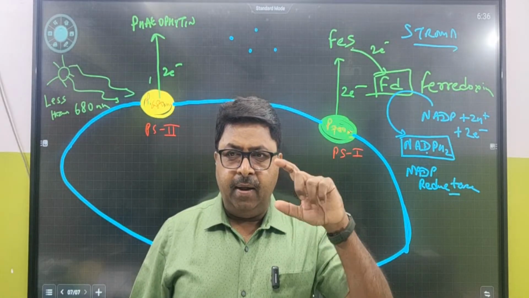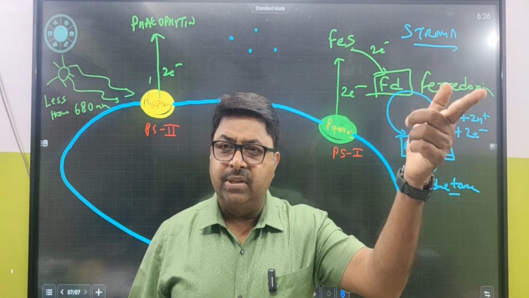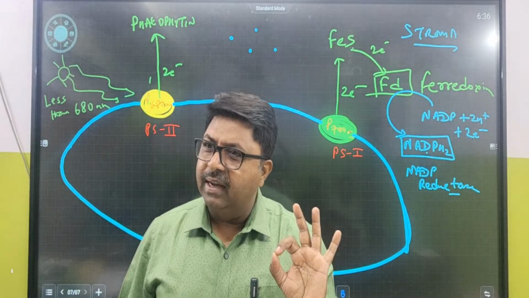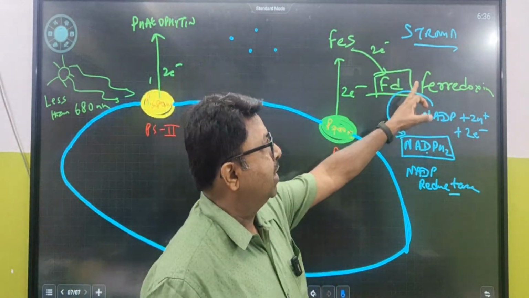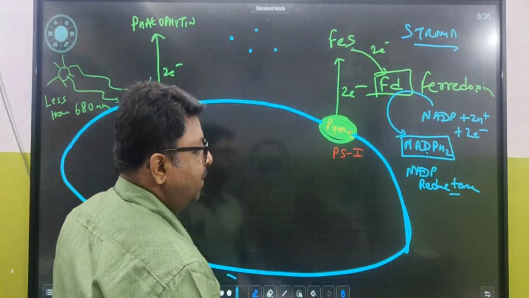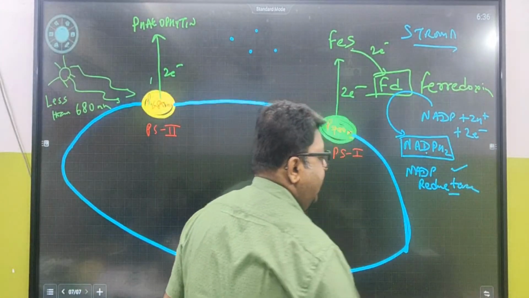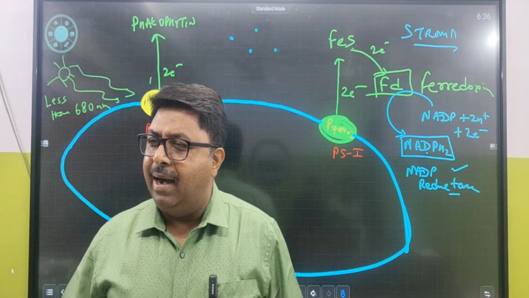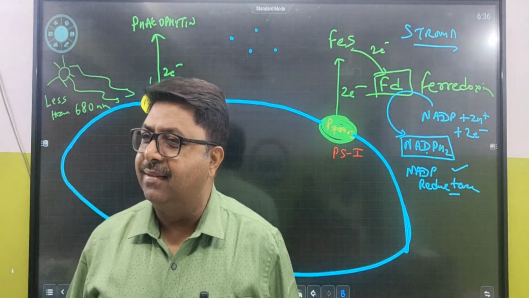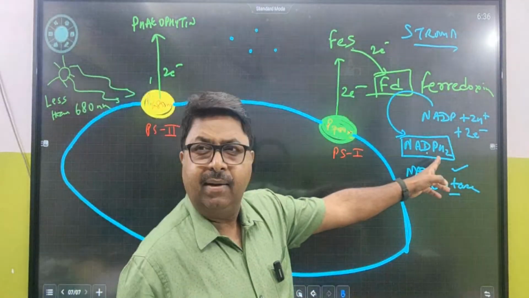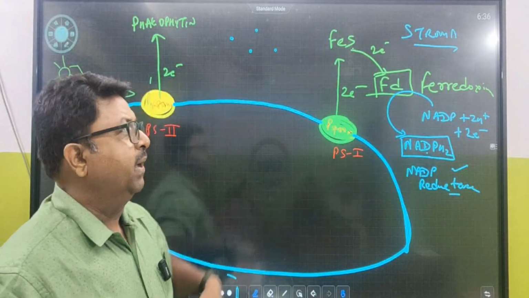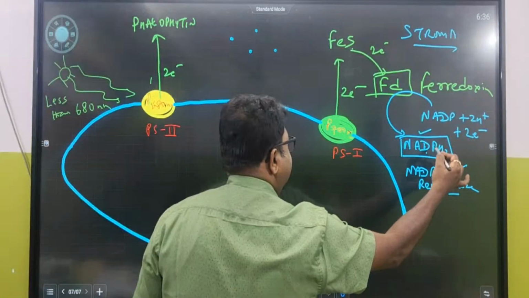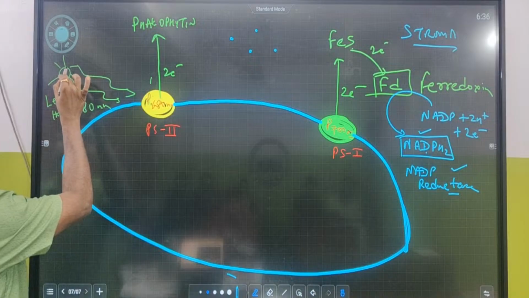Inside the stroma. Done. What is the location of the NADP reductase enzyme? Stroma. Fine. Ultimately NADPH2 is formed.